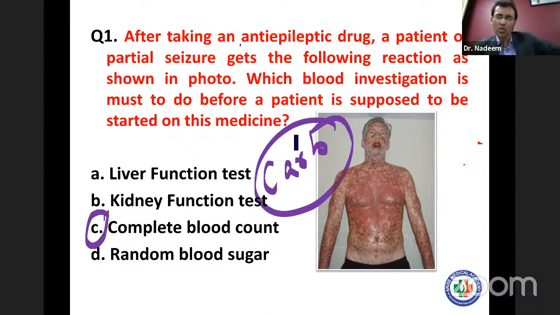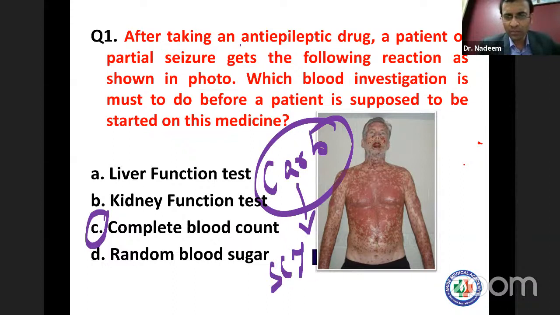Now, if I ask you one question: my patient is having partial seizure, and along with that my patient is also having psychotic symptoms, all symptoms like schizophrenia. This is a psychiatry topic. Now I'm going to integrate this pharmacology and medicine question with psychiatry.